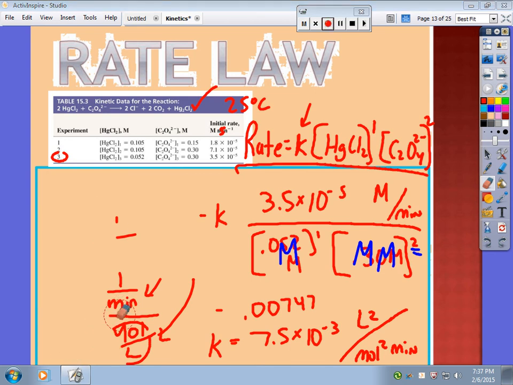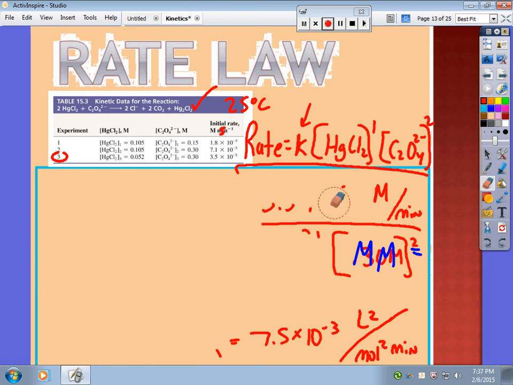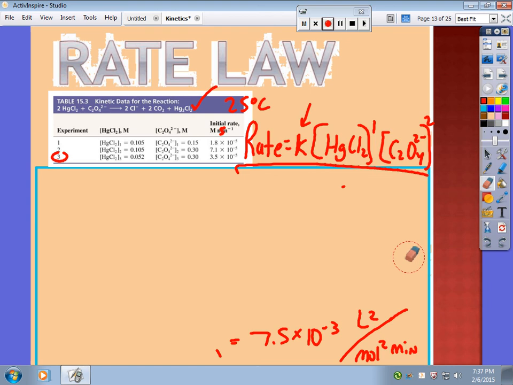I've got my k value. Why is it erasing? It's turning on its side. So I have my value for k. That's k. And now I'm going to look at my overall order. What's my overall order? 1 plus 2 equals 3. I know I have a molarity over here, just 1 molarity, right? 1 molarity is always rate: molarity per minute, molarity per second.